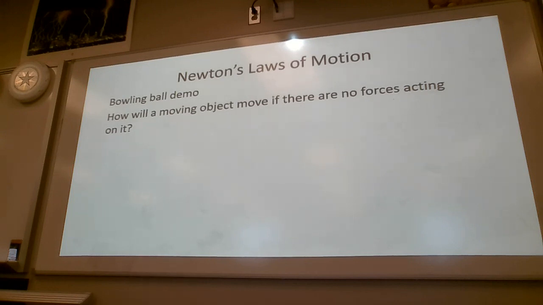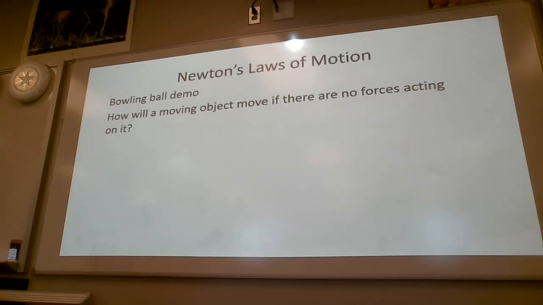When I push this ball, eventually it's going to slow down and stop, right? Why? Friction, gravity, air resistance. All three of those are examples of an outside force.